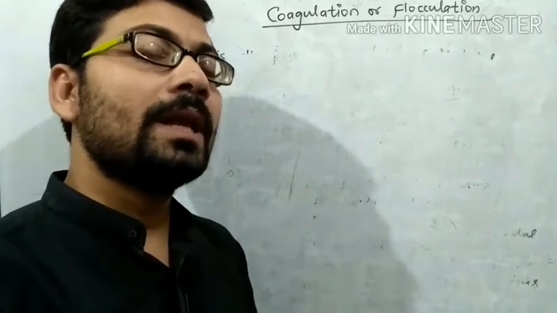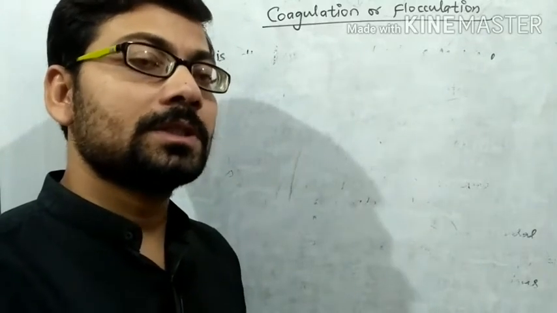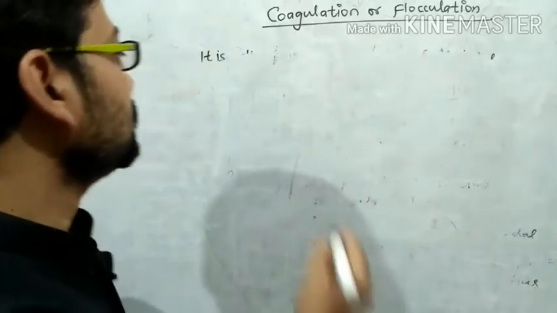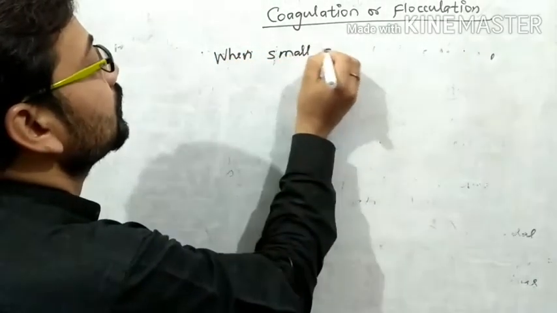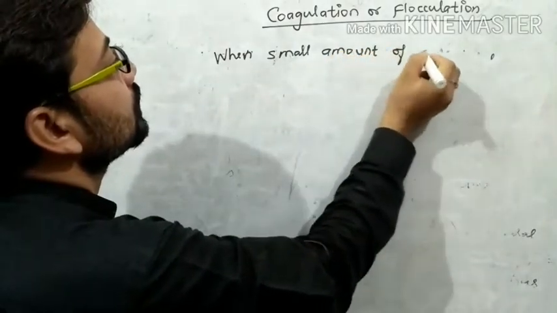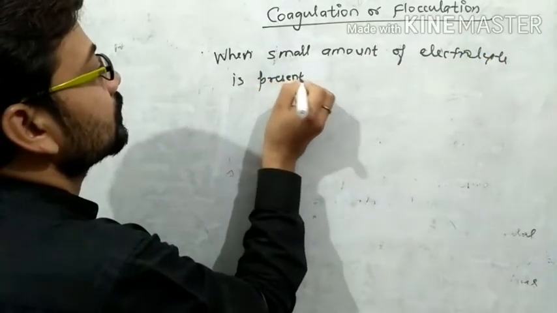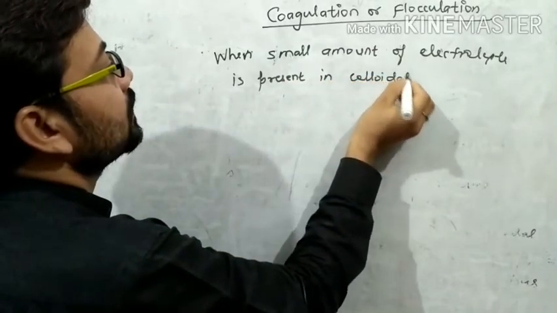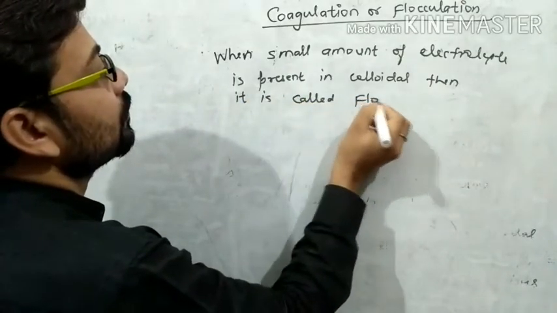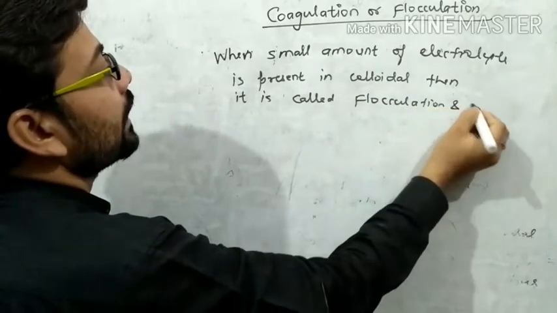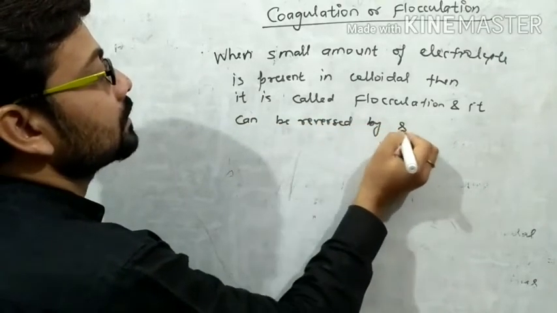What is flocculation? When a small amount of electrolyte is present in a colloidal solution, then this process is called flocculation, and it can be reversed by shaking.